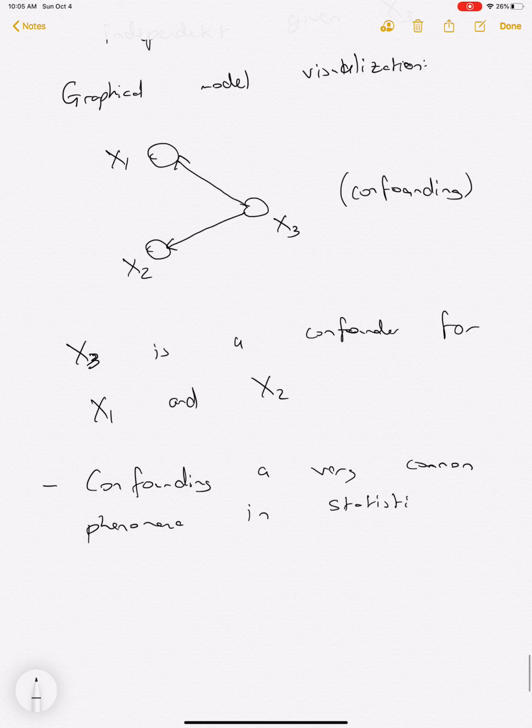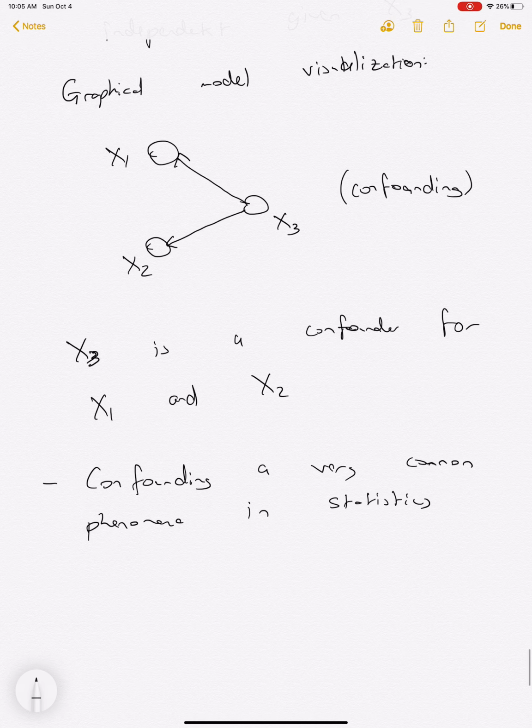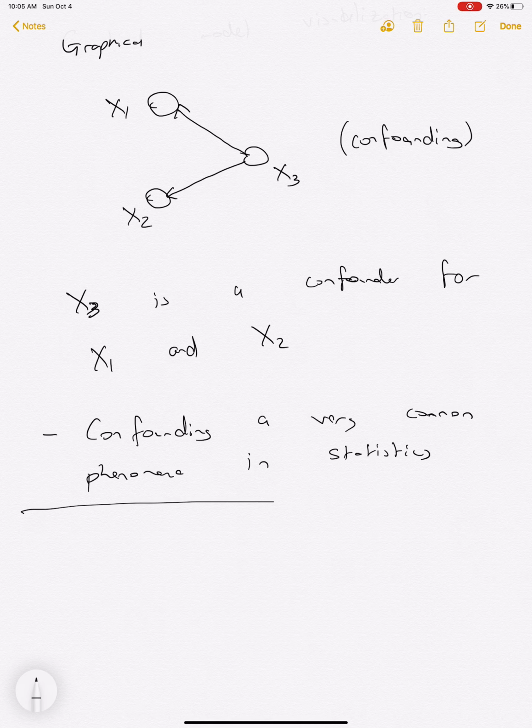If you've taken 302 or any other prior statistics course, you may have heard of confounding. And this is something we can actually represent through our graphical model framework, which we'll talk about over the next 3 or 4 lectures, and then talk about how it extends to much more than 3 variables. We can see how that's represented through a graphical model.